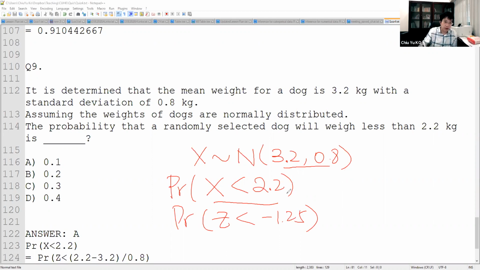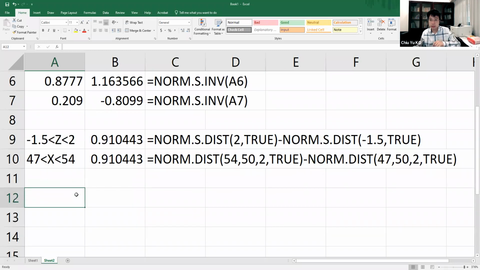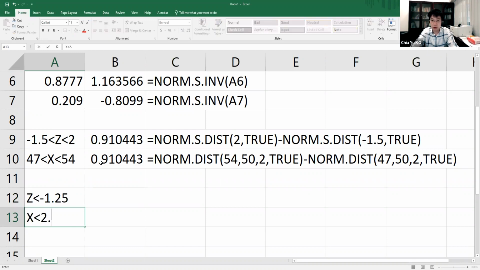Why 1.25? Because this is 2.2 minus 3.2 over 0.8. Maybe I can show you in Excel. This is z less than negative 1.25, which is x less than 2.2.